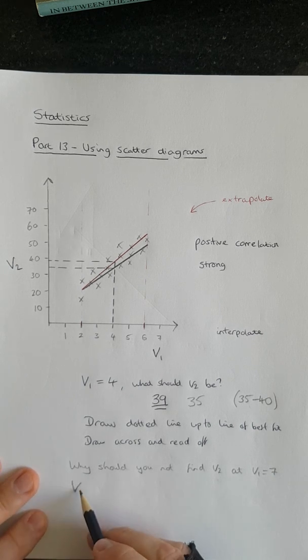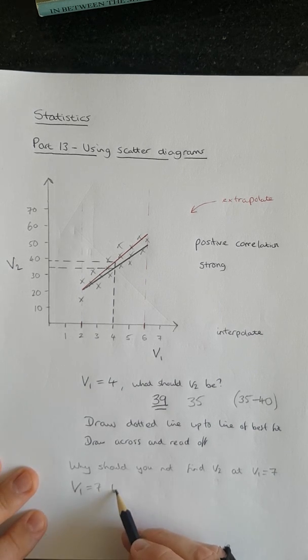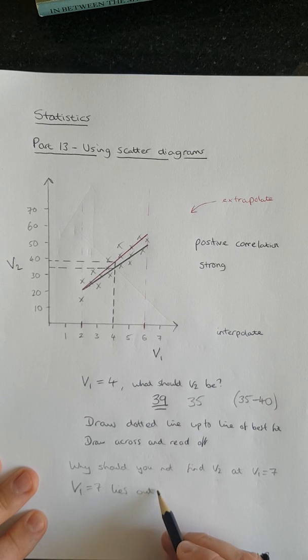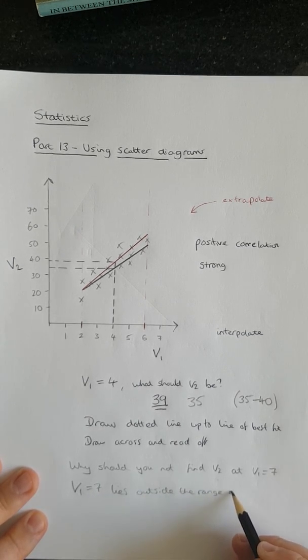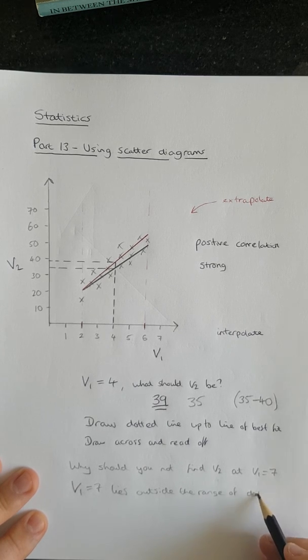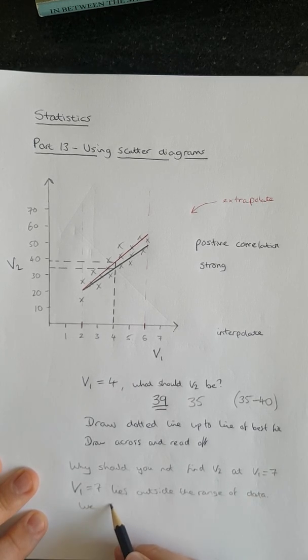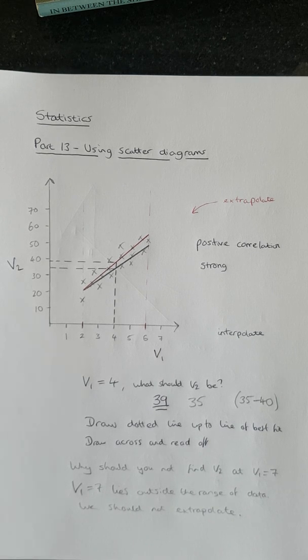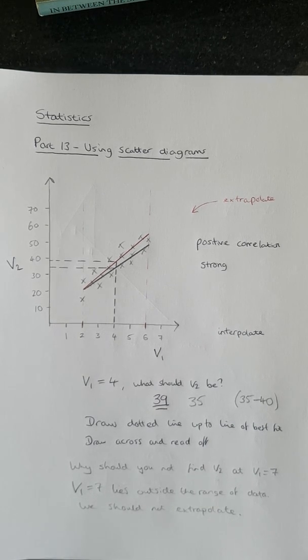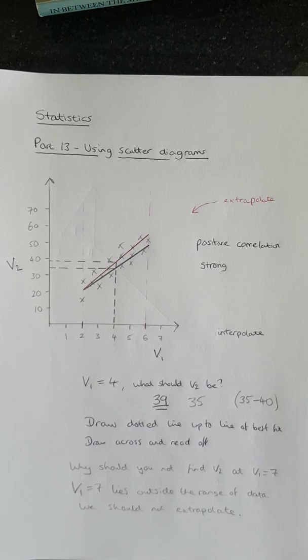Well, V1 equals 7 lies outside the range of data. We should not extrapolate, as we saw in the previous part.